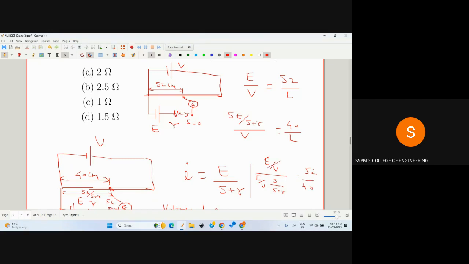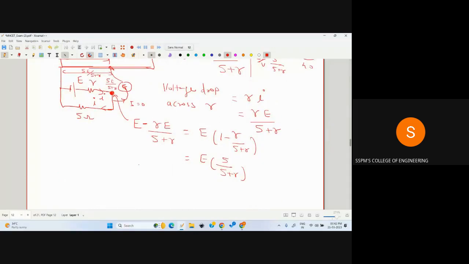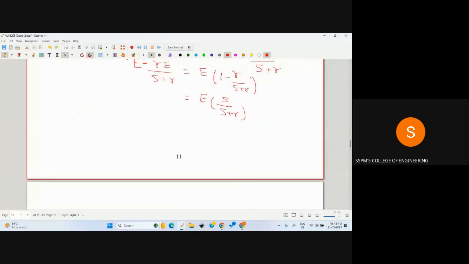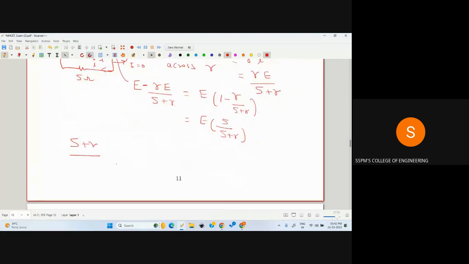E by E cancel, and we have the new equation. I could write here 5 plus r will come at the numerator, divided by 5, is equal to 52 divided by 40.